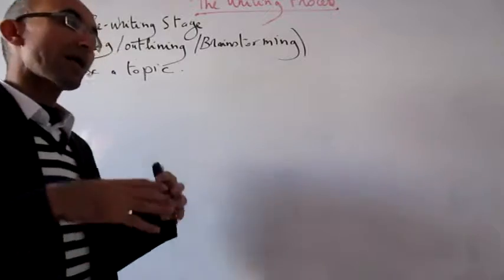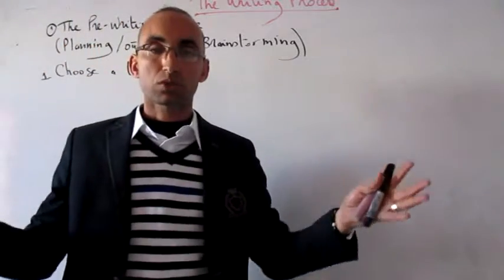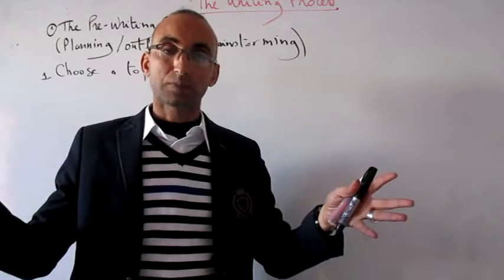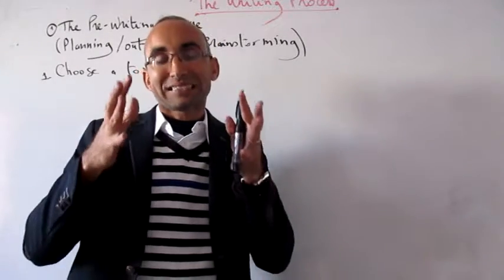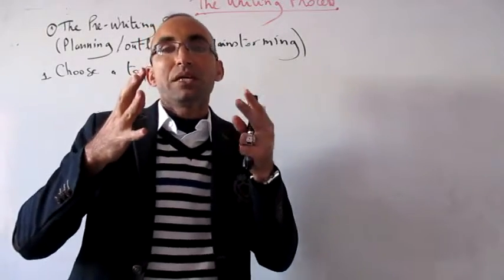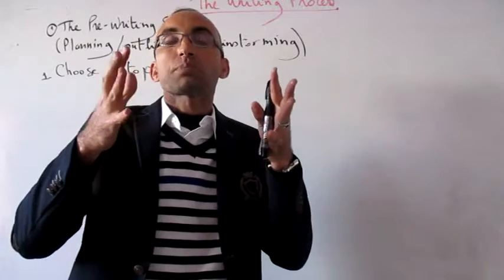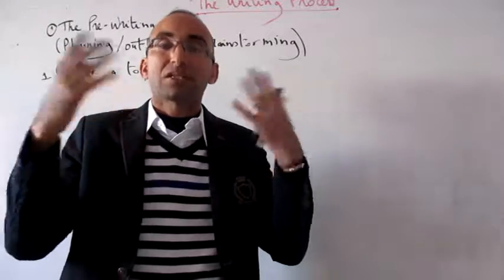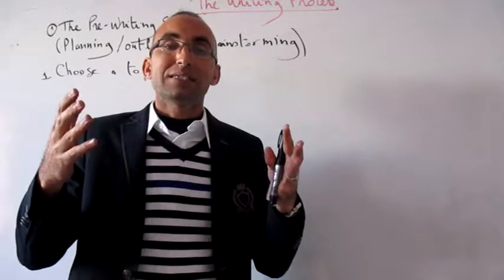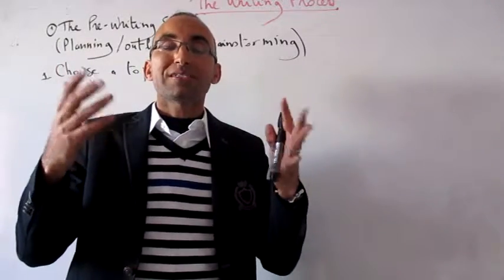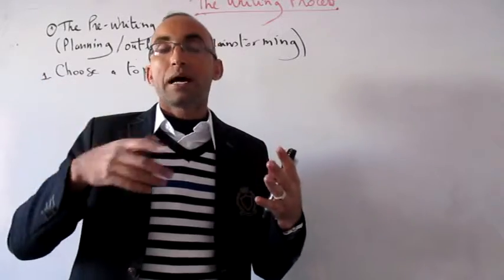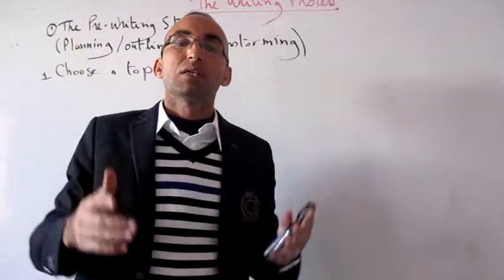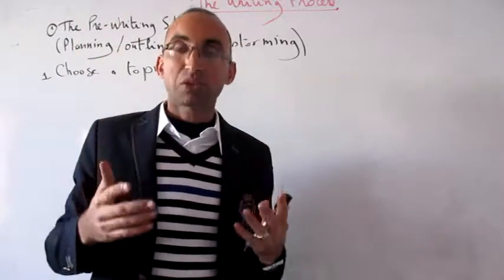All right. Now I have this topic which I chose. Of course, a topic is very large, very broad. I cannot discuss this topic in a short paragraph, because this topic may have many sides to be treated. Let's take the topic of drug addiction, for instance.